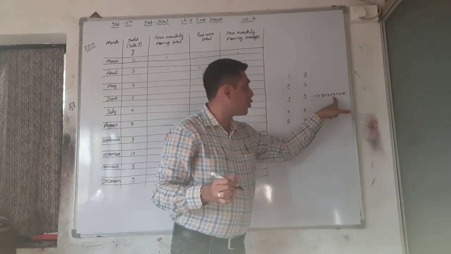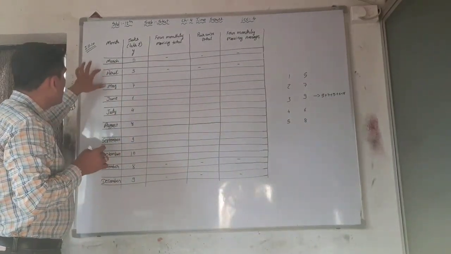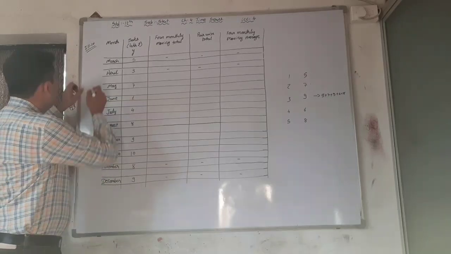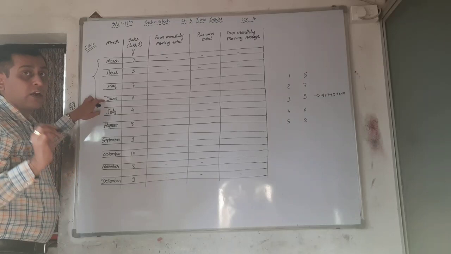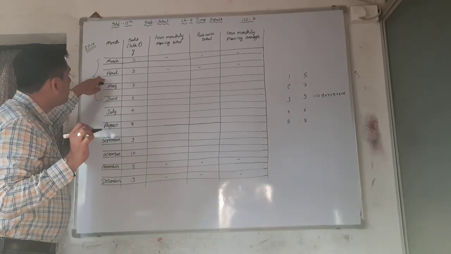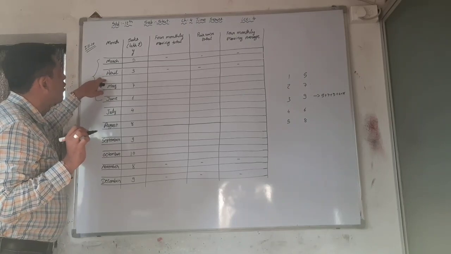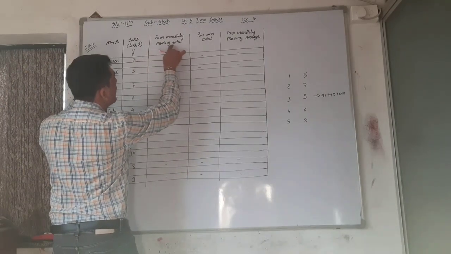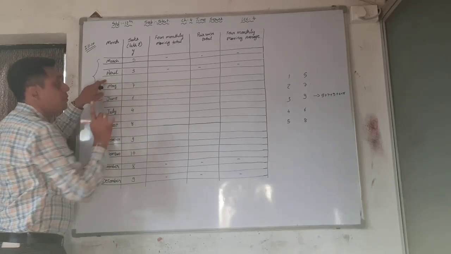That's why we are writing the total here. In this case, the 4 yearly moving average, 1, 2, 3, 4. See, these 4: 1, 2, 3, 4. But the center of these is the middle between April and May. That's why we have to write the 4 monthly moving total in the middle of these, between April and May.